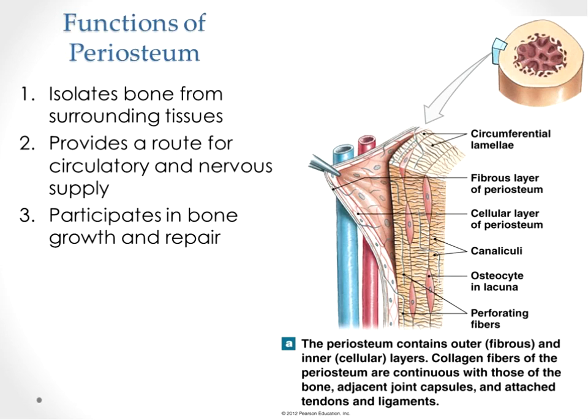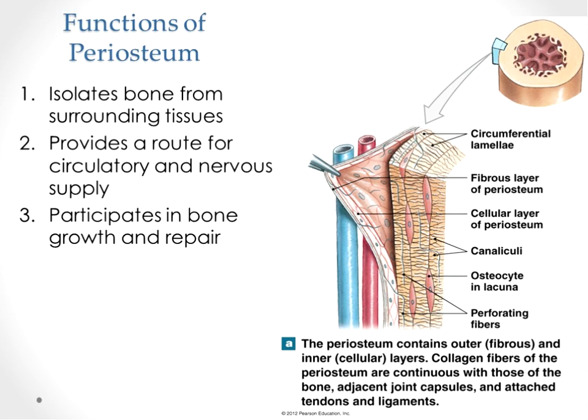Again, the functions. Periosteum protects, so the osteocytes, the actual crystal calcium carbonate, calcium phosphate, calcium hydroxate is not ever actually touching other organs. It provides the route for nerves, lymphatics, and circulatory vessels into and out of the bone.